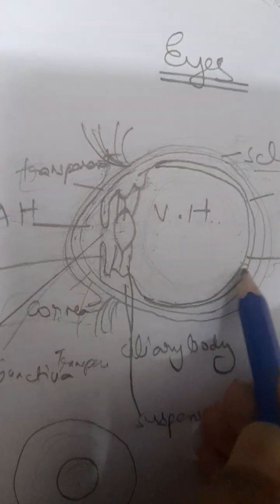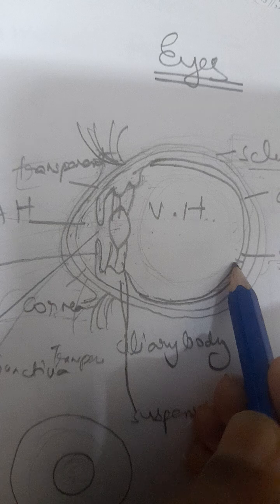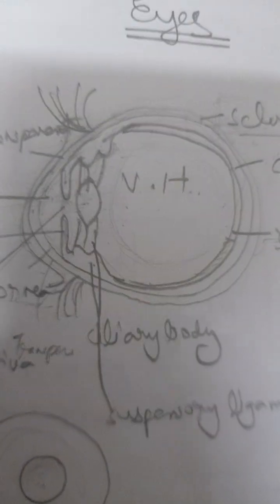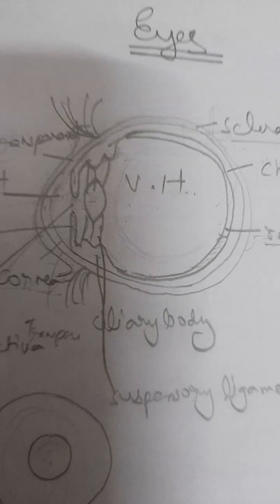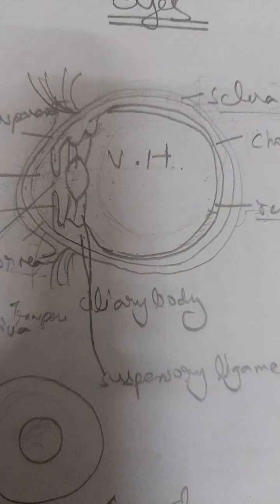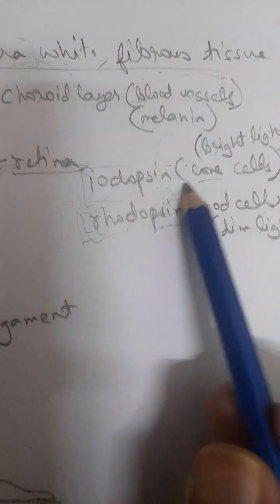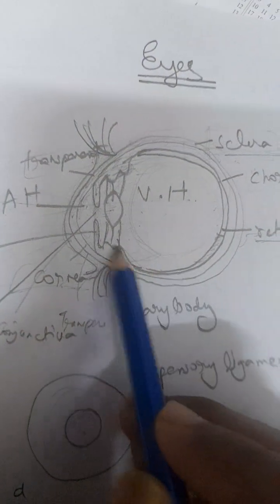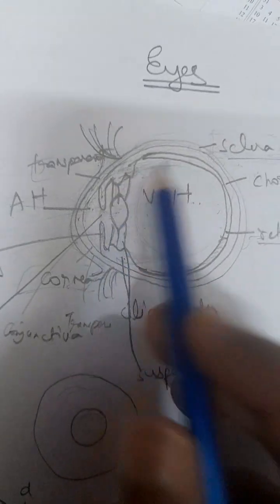The retina also contains a lot of nerve endings, so they can carry the impulse, because it is the layer which creates the sensation of seeing things. Now there are two very important terms. Before that, let me tell you one thing. The rod cells are mainly in the periphery. This is the peripheral region. Peripheral vision, like the side.